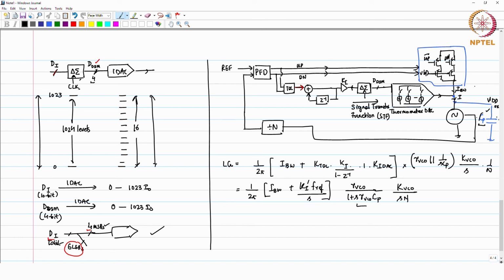Okay. One other thing which we need to know here is that when you are doing the quantization from DI to DSM, a lot depends on this clocking frequency. Okay. If this clock frequency is higher, then your quantization noise will be filtered more. Okay.